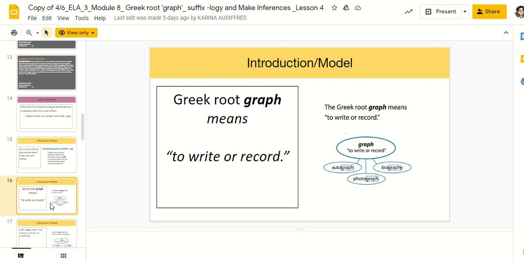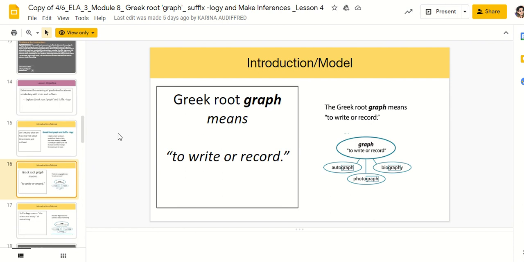So let's go over the Greek root graph. It means to write or record. Let's take a look at this model here, and some of the words that come along with it. We have autograph, photograph, and biography.